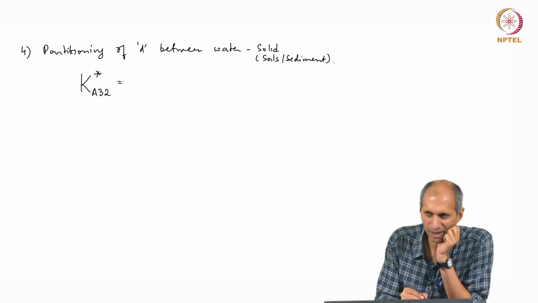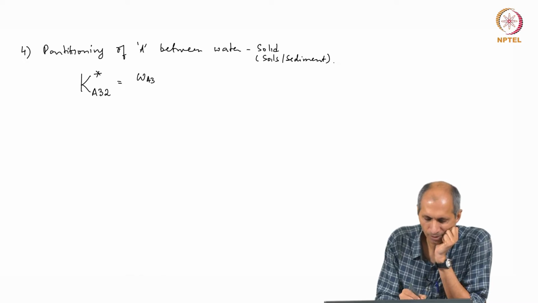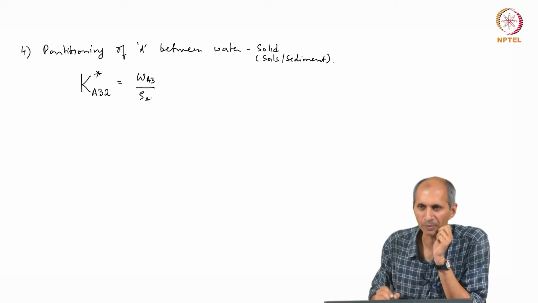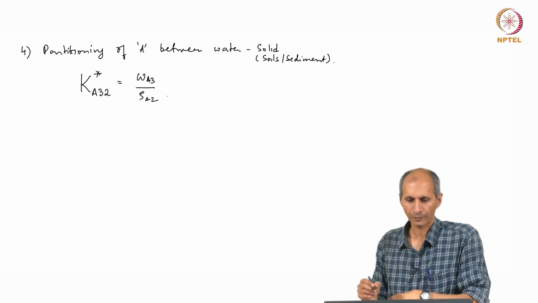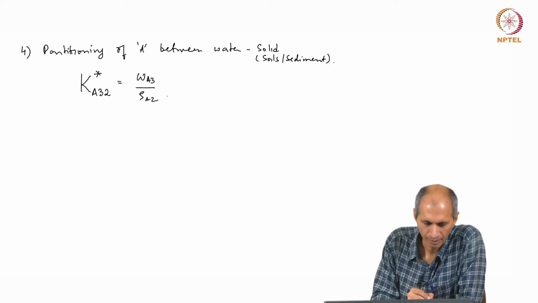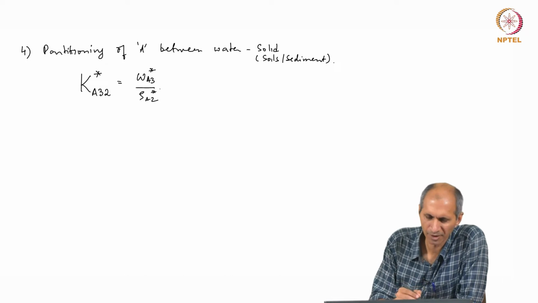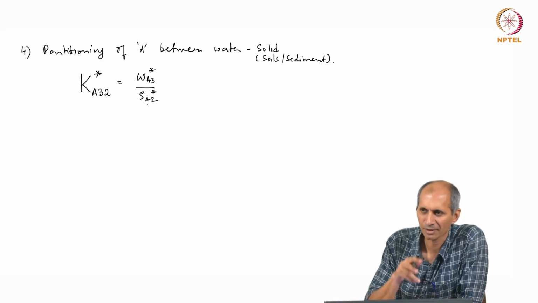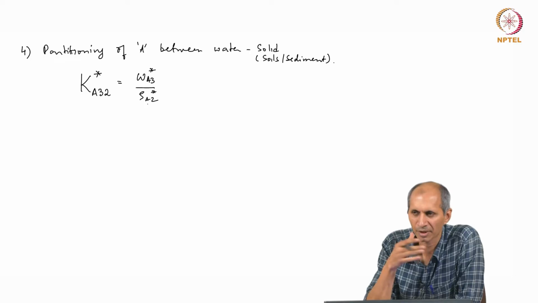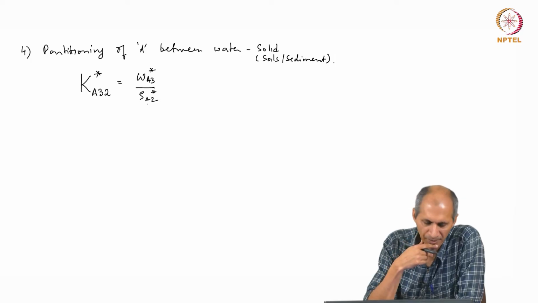So here if we are writing it as K32, this will be WA3 over rho A2, because we are writing this in equilibrium of a chemical between water and solid. So it is the solid concentration. Do not worry about this star here, I am just putting it now to indicate that it is in equilibrium. You do not have to put it all the time, just remember it, and if it makes it convenient you can put it, otherwise you know what it is. Okay.